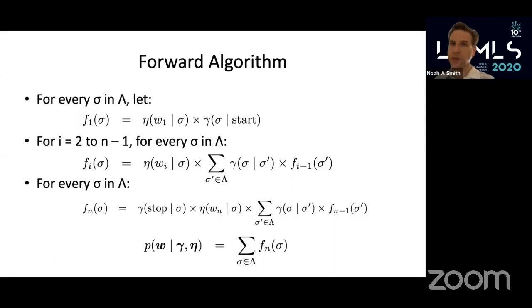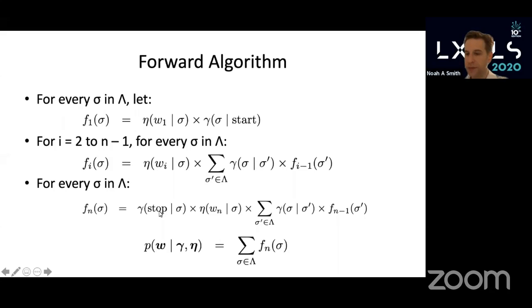So we start with the forward probabilities at position 1, which have a closed form. In fact, they're the same as the Viterbi scores. You're simply multiplying together two things: the emission and the transition for the first word given the particular state you're interested in. Having done that for every state at position 1, we use the recurrence to do it at position i, going from 2 to n-1.